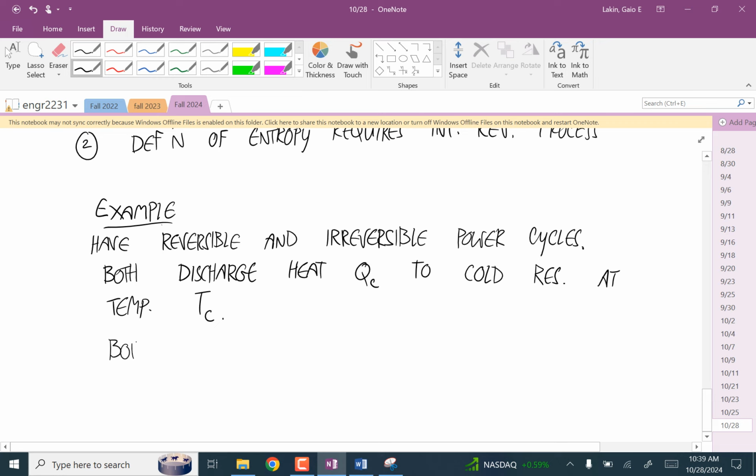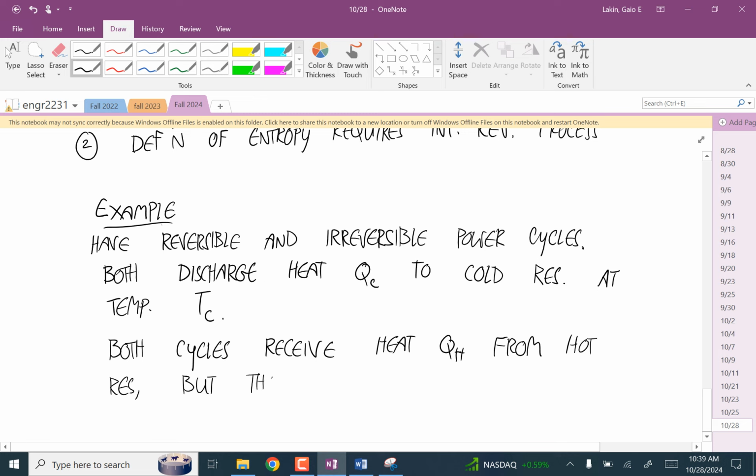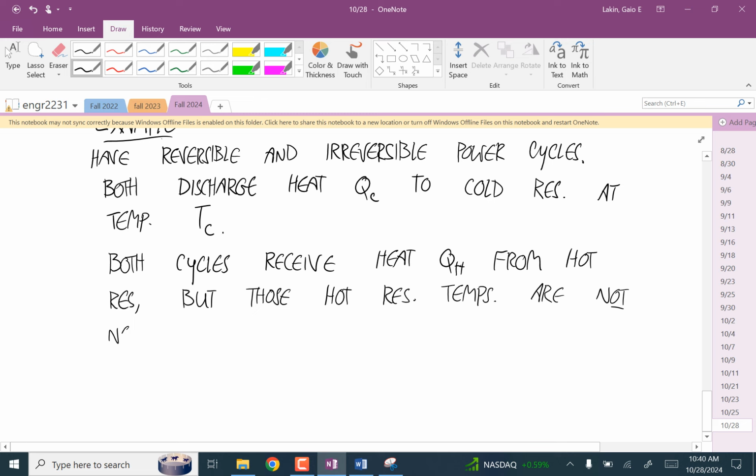And both cycles receive an amount of heat QH from the hot reservoir, but those temperatures, the hot reservoir temperatures, are not necessarily the same.